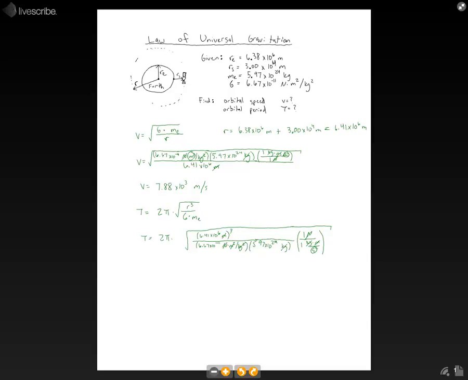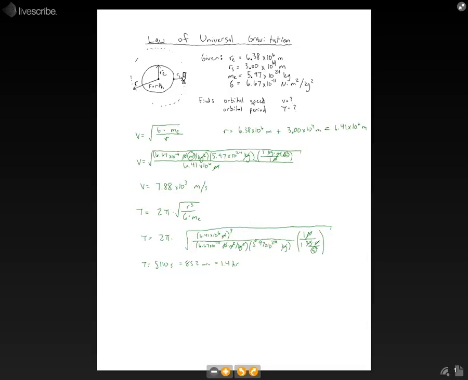So really, it should be in the numerator once we figure all that out. So once you go ahead and plug and chug from this point, you should get that your period is equal to about 5,110 seconds, or 85.2 minutes, which is also equal to 1.4 hours.